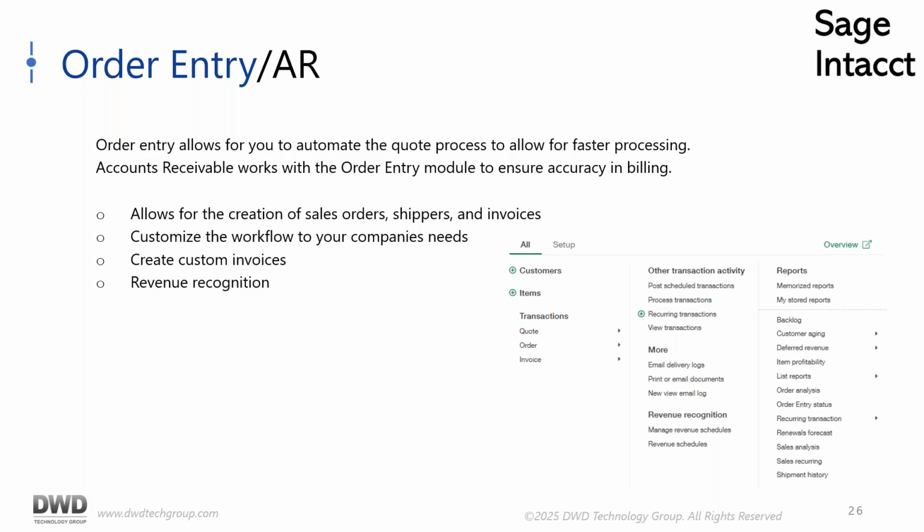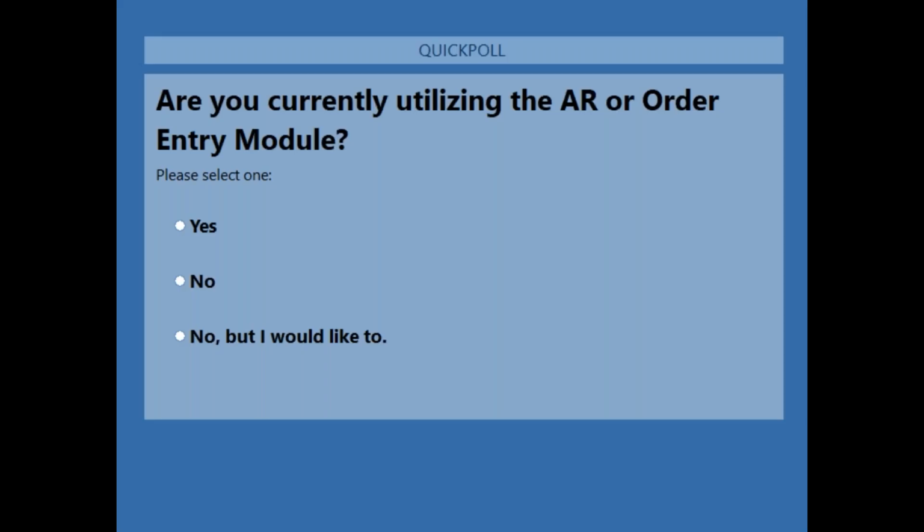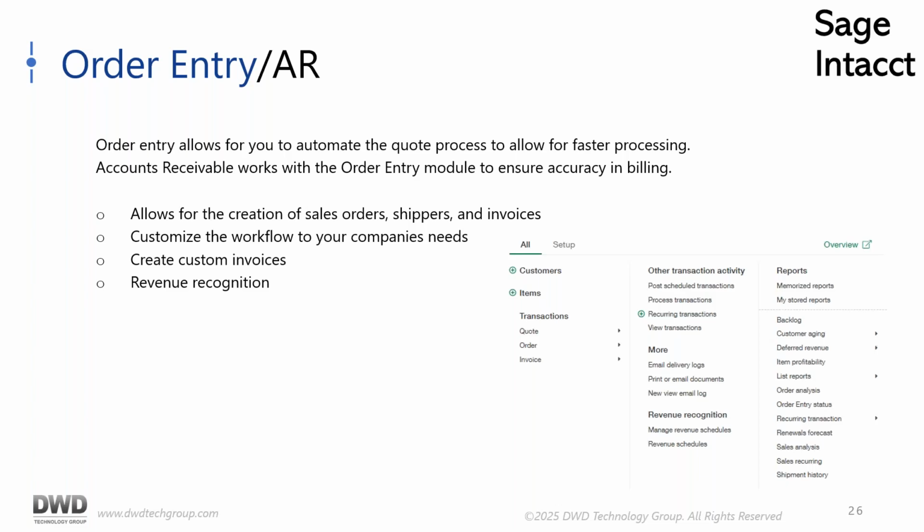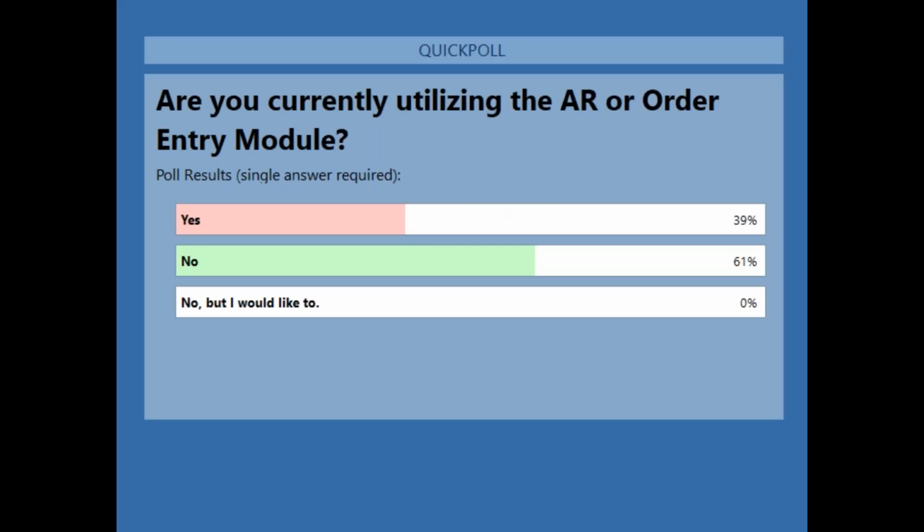I do want to start by asking a poll question. Do you currently use the AR or order entry module? All right. And I will share the responses. So it looks like we got a little bit mixed.